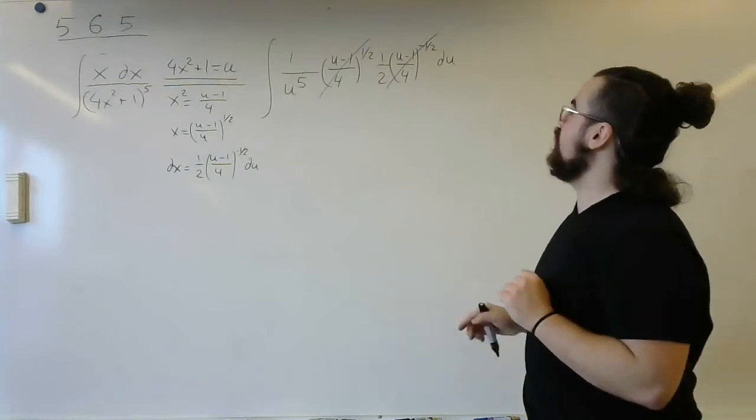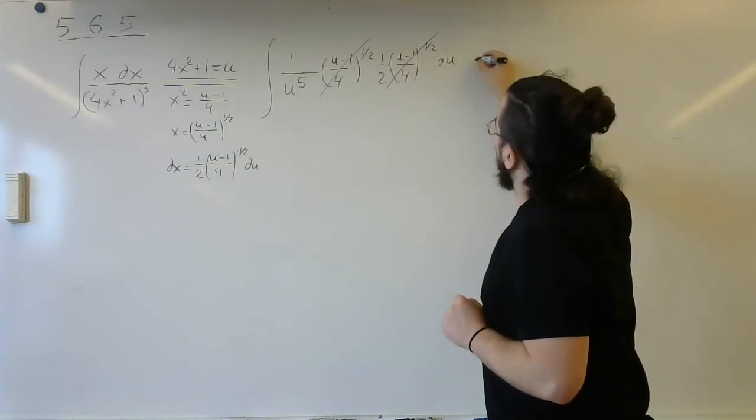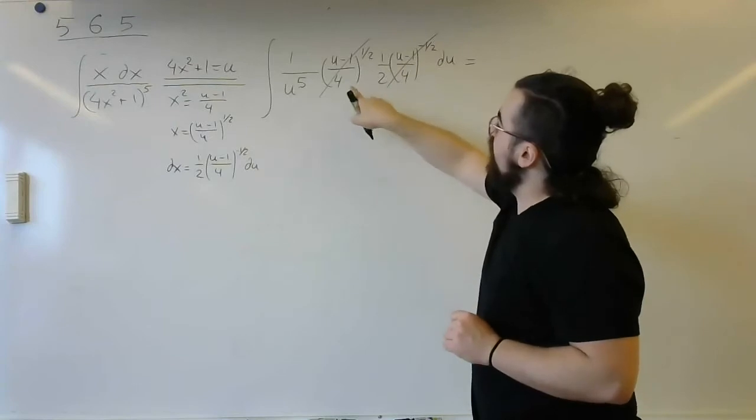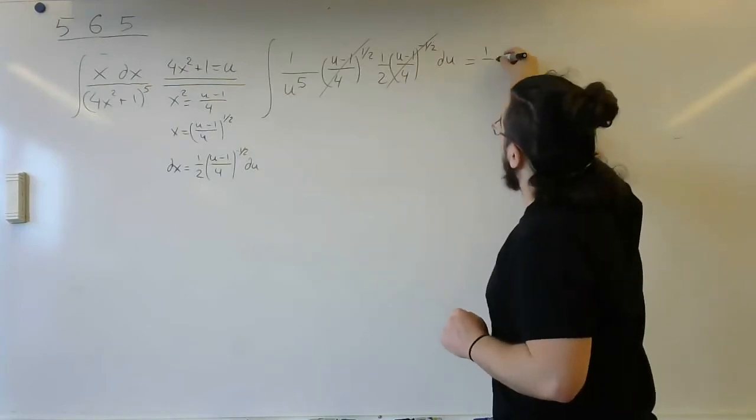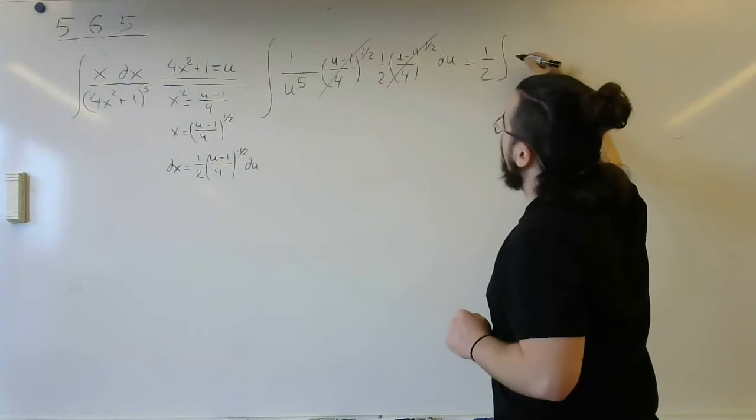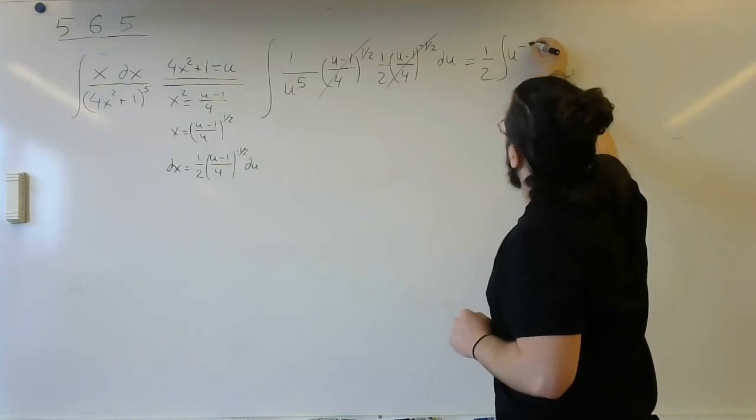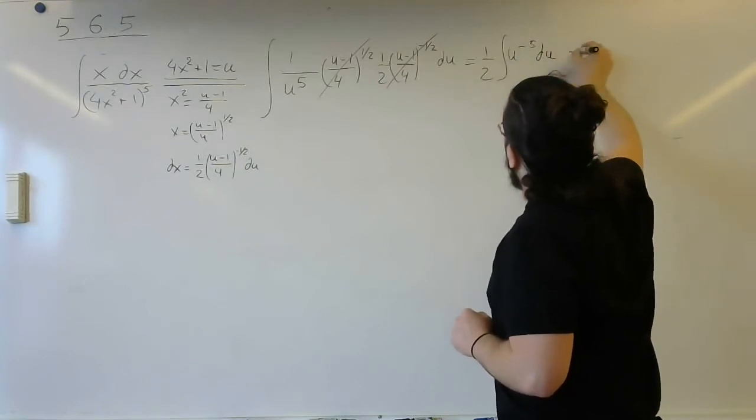This is good news. Why, you may be wondering? Because now this thing with this thing have cancelled. We can take the 1/2 out of the integral, and what we have here is the integral of u in power minus 5 differential of u.